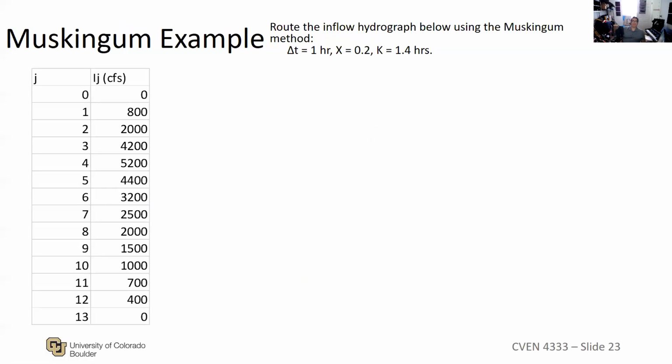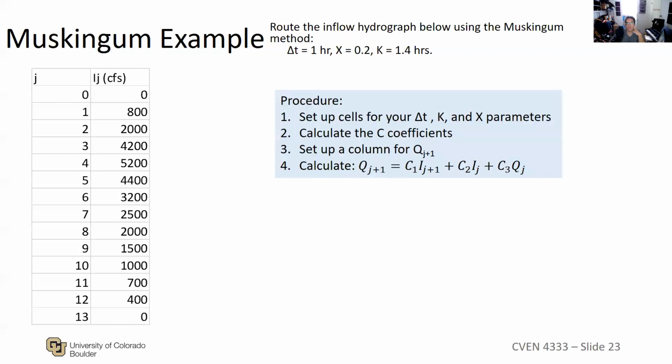Okay, so the example will run through in a similar fashion to what we did before. You've got an inflow hydrograph here, and you use parameters x equals 0.2 and k equals 1.4 for a time step of 1 hour. Here's how you do it.